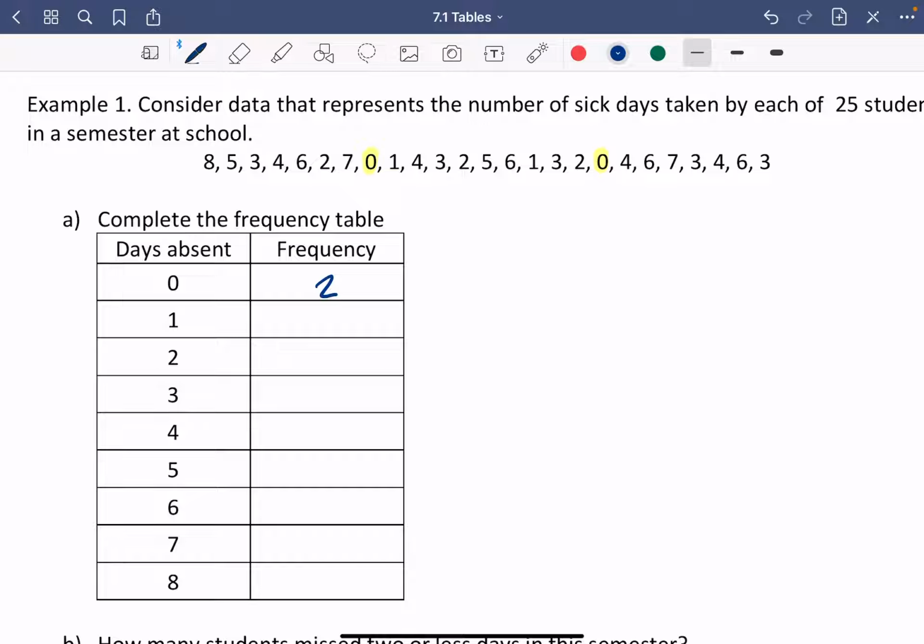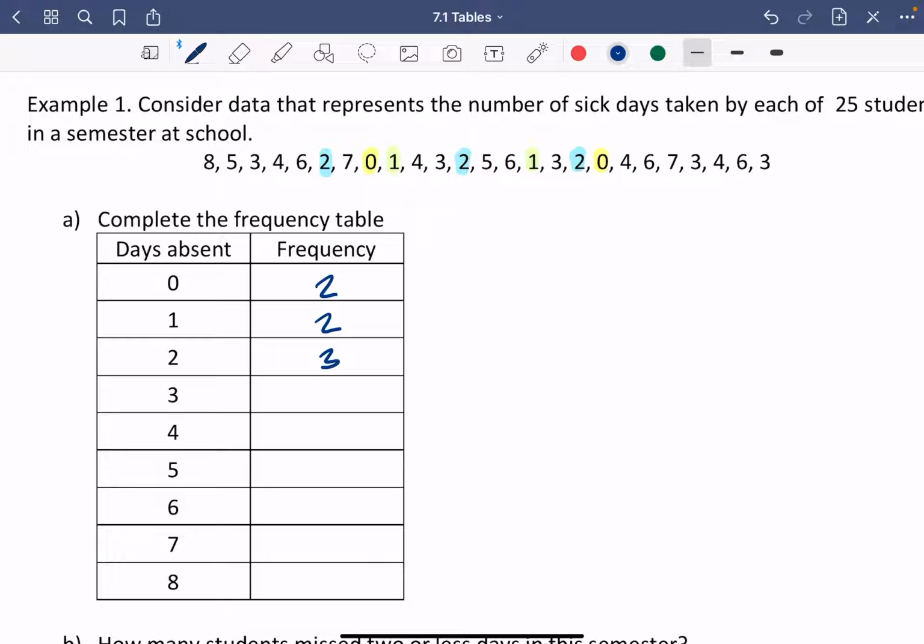And then how about 1 day? Well, we have one student that was absent for 1 day and another one, 2 as well. And then we'll look for 2 days, 3 days, and so on. So for 2 days, we got 1, 2, 3, 3 of them.